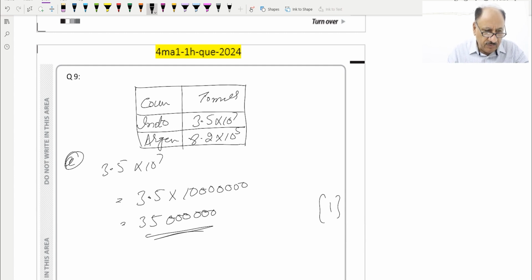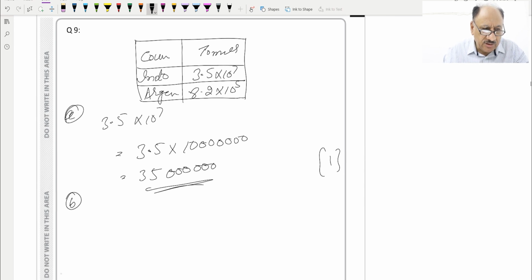Now the B part says in 2020 Japan produced 6 7 8 and 4 zeros more tons of rice than Argentina. Work out the amount of rice Japan produced in 2020. Give your answer in standard form.